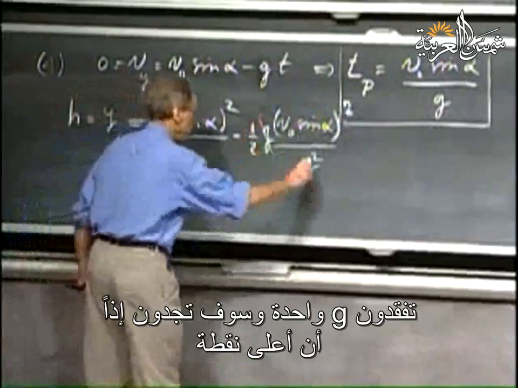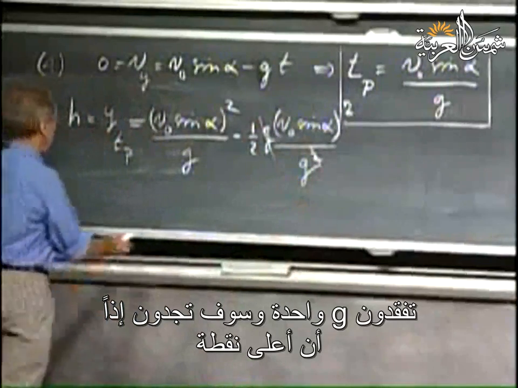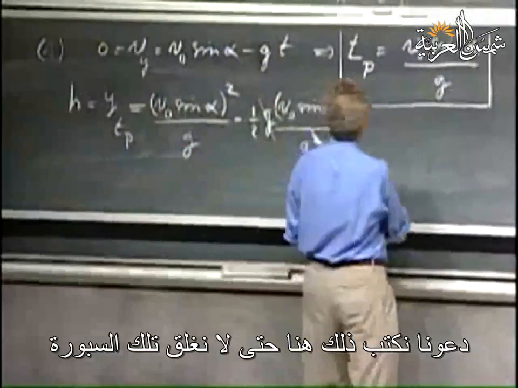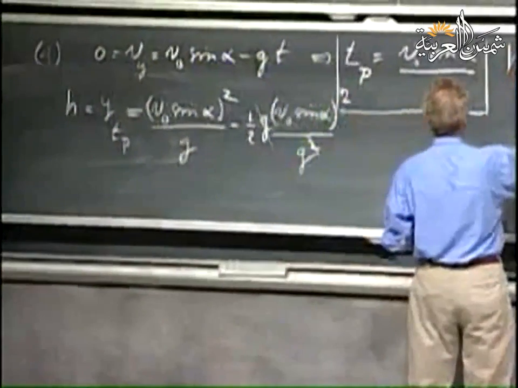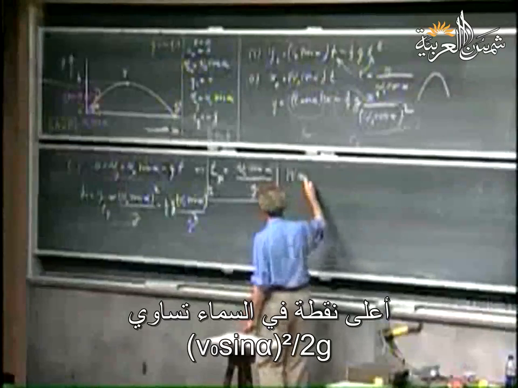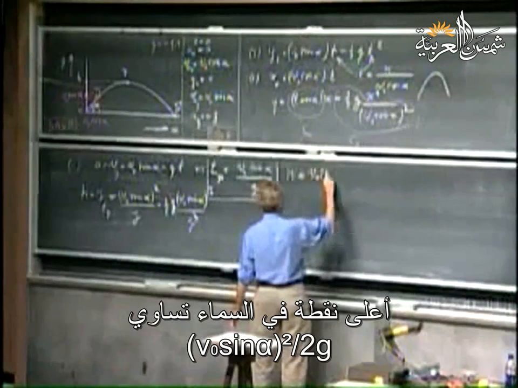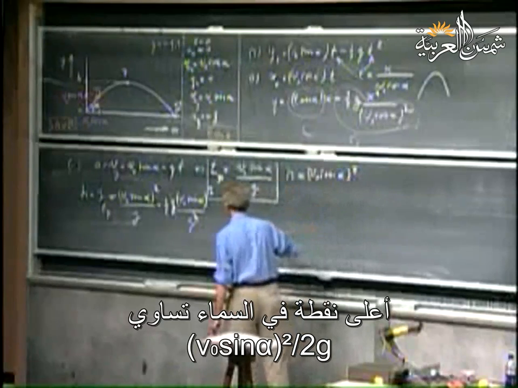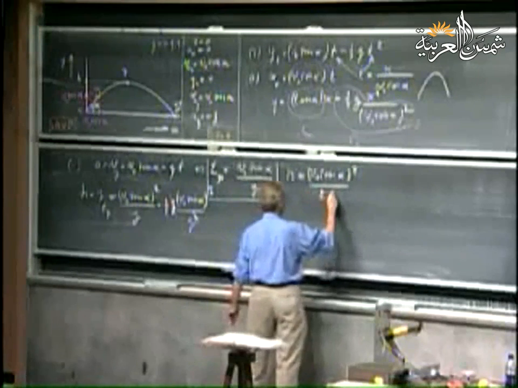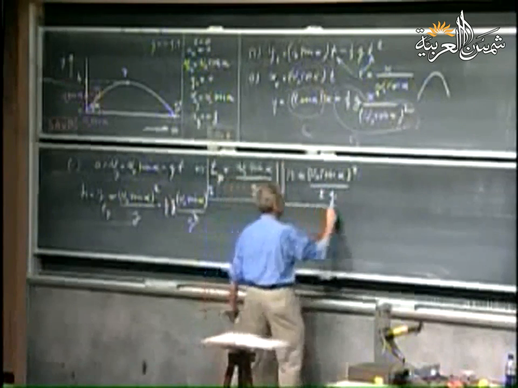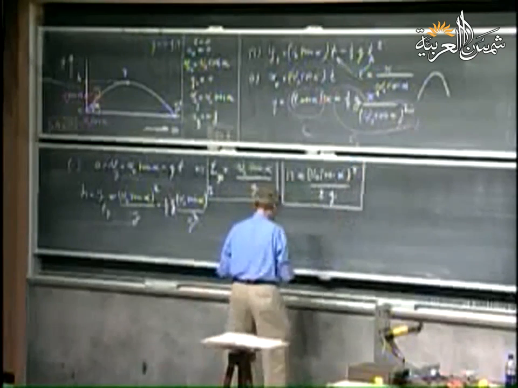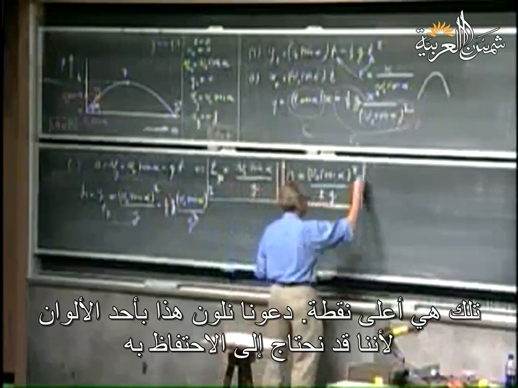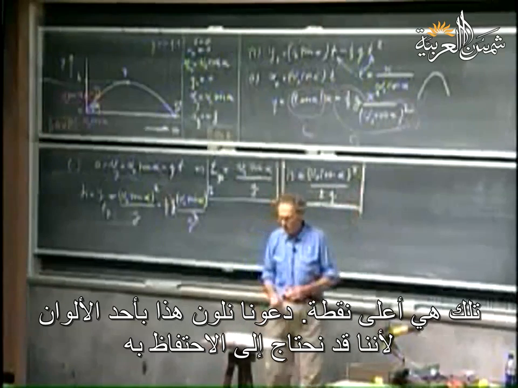You lose 1g, and you will find then that the highest point in the sky, let's write it down here so that we don't block that blackboard, equals v0 sine alpha squared divided by 2g. That is the highest point. Let's give that some color because we may want to keep that.